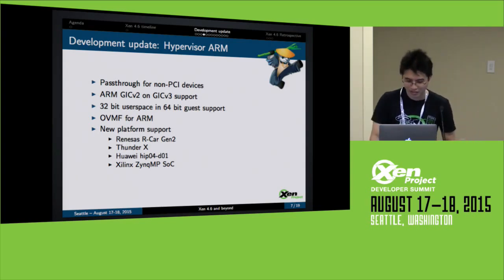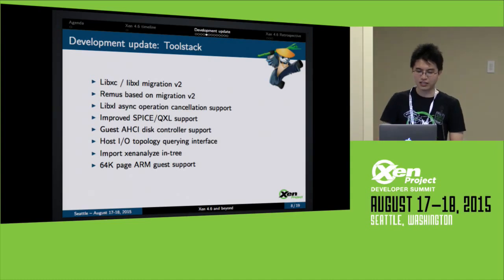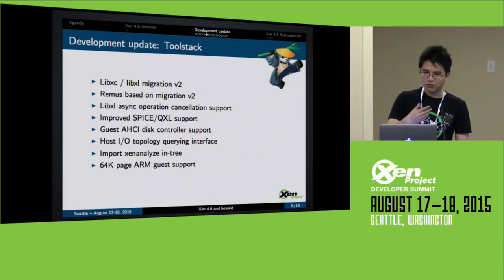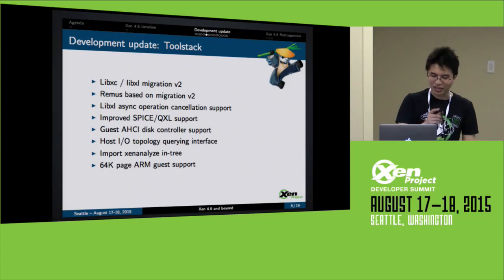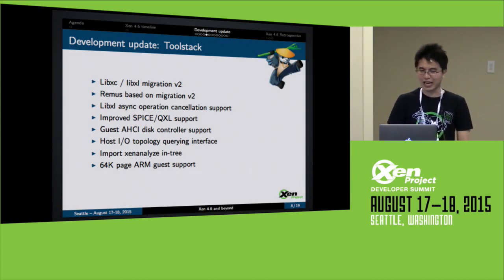Oh, okay, thank you. Right, and then here's the toolstack part. So Andrew Cooper from Citrix contributed libxc and libxl migration v2. Before this, the legacy migration v1 was a bit messy because it was not very clearly spec'd out, and the implementation was also messy.